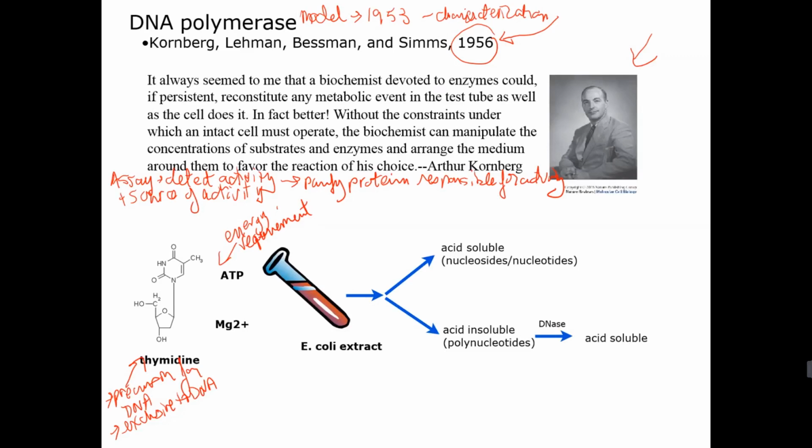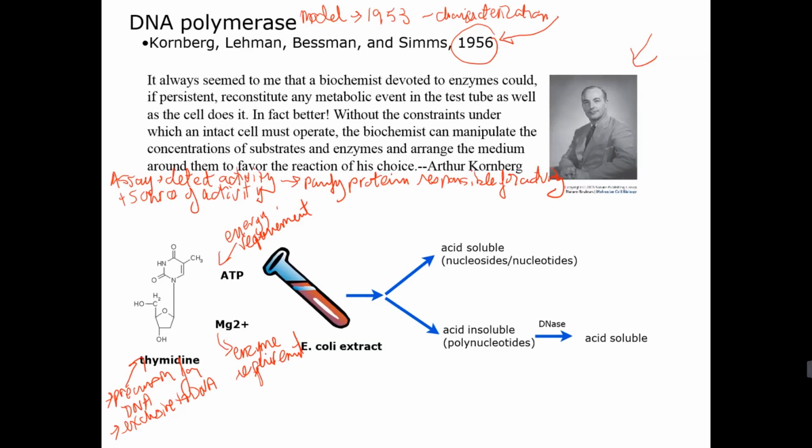So again, this would be needed for the enzyme requirement. Those that use ATP also like to have magnesium around. And then they have their source of activity, which is a bunch of E. coli cells that they ground up and produced an extract.